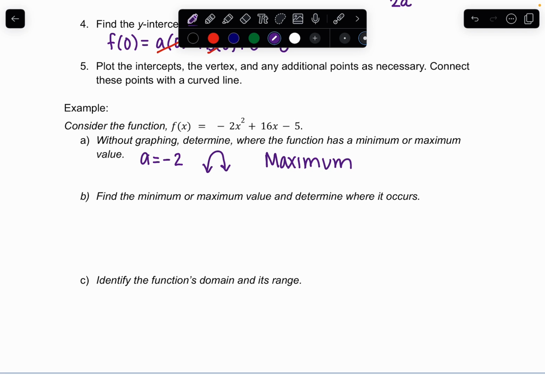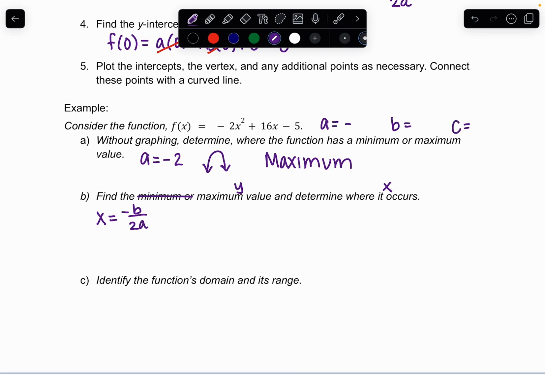So if we want to find that maximum value, this is going to be the y value, and where it occurs is the x. So we're going to start off by finding x equals, using our formula, negative b over 2a. If you need to, up here at the beginning, state what your a, b, and c equal.